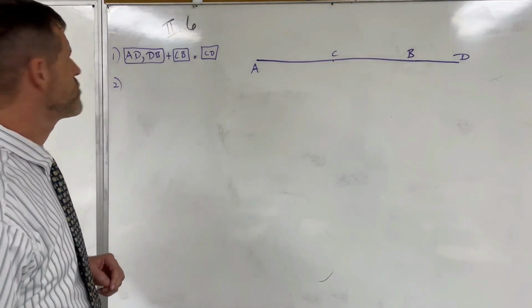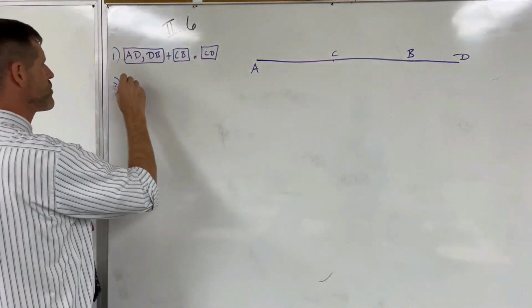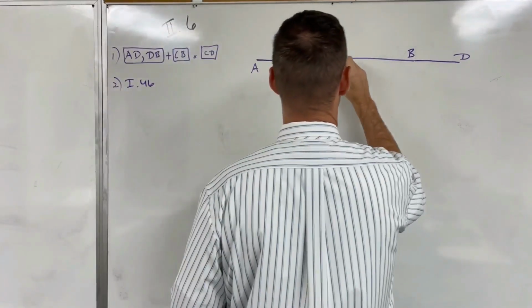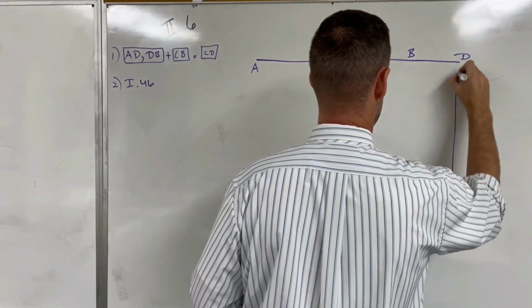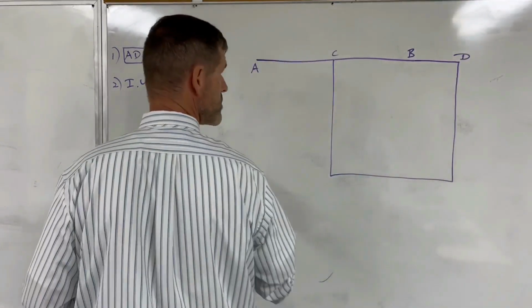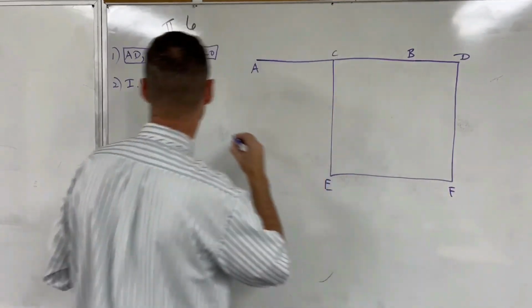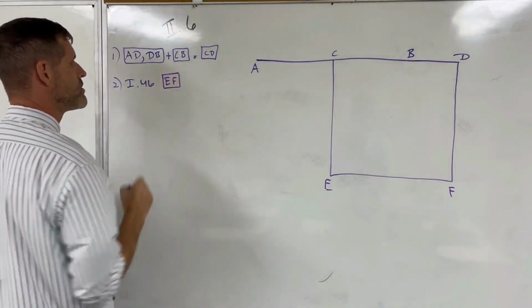First step, Euclid draws a square on CD using proposition 46 of Book 1. So we draw a square EF.